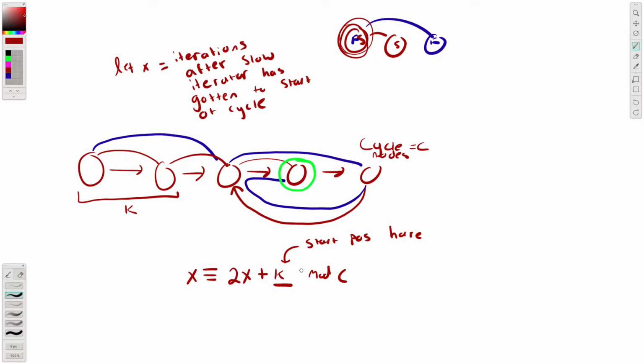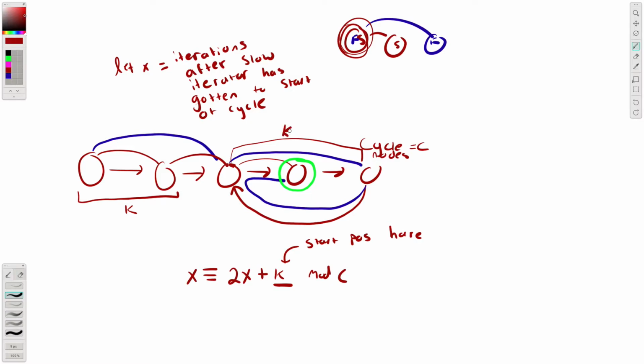But this is how far it is from the start of the cycle. So k, remember, k is the starting position of the hare. So that means this is also k.